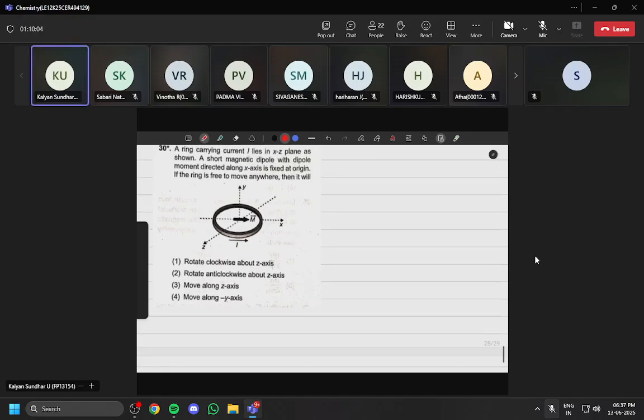So m bar is along the x-axis, this short magnetic dipole is along the x-axis, and the ring is carrying a current of I value. So இது வந்து நம்ம எப்படி எடுக்கிறோம்?